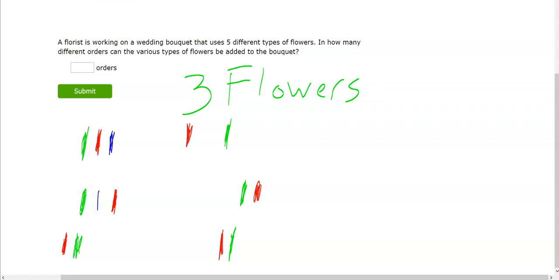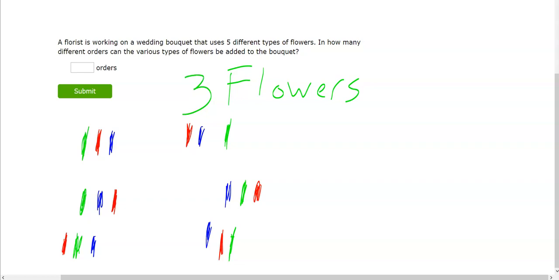Blue first, and blue first. So there's all of our possible arrangements: green, red, blue; green, blue, red; red, green, blue; red, blue, green; blue, green, red; blue, red, green. I'm pretty sure I got them all. And you can see that there are 6 possible arrangements of those flowers.